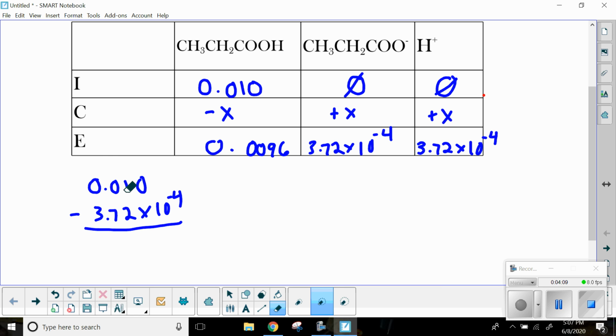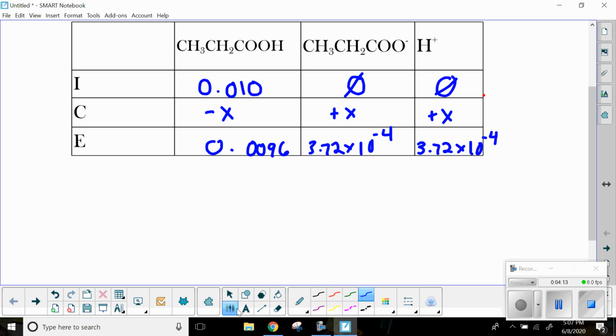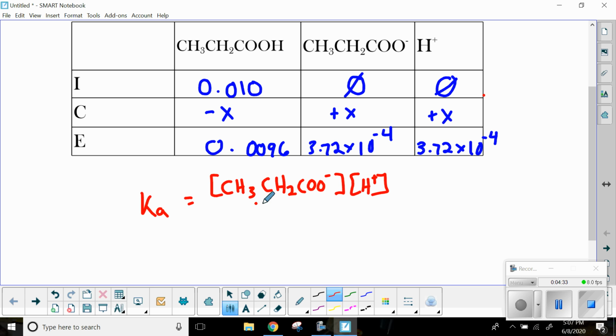So now I'm all ready to go to get my Ka value. So to get my Ka value, I set up my equation. I'm going to have my concentration of what I call propanoate, which is CH3CH2COO minus, my concentration of hydrogens, all over my concentration of the propanoic acid.